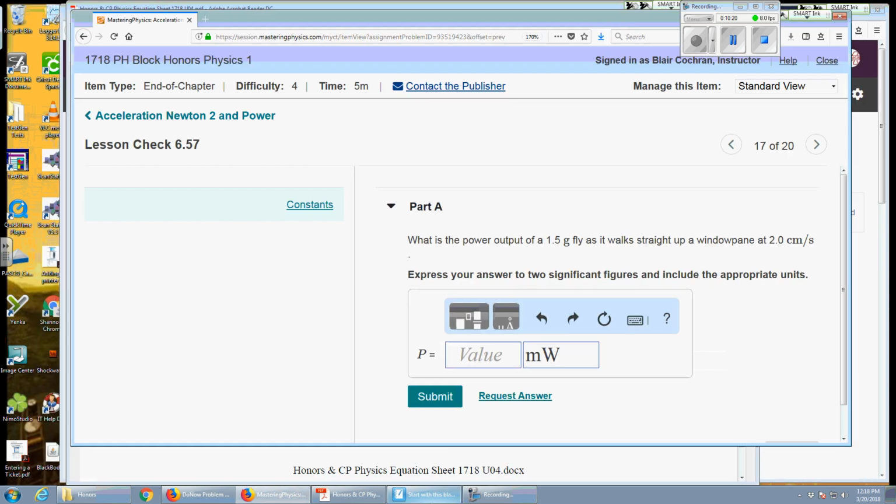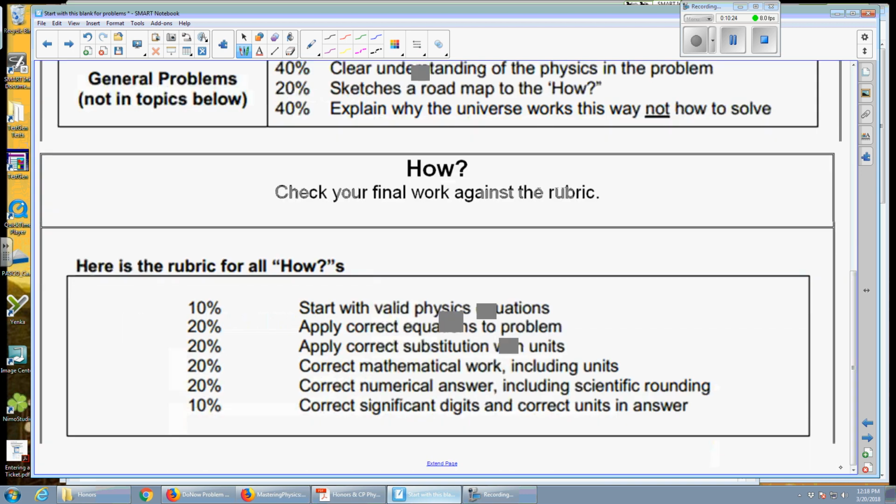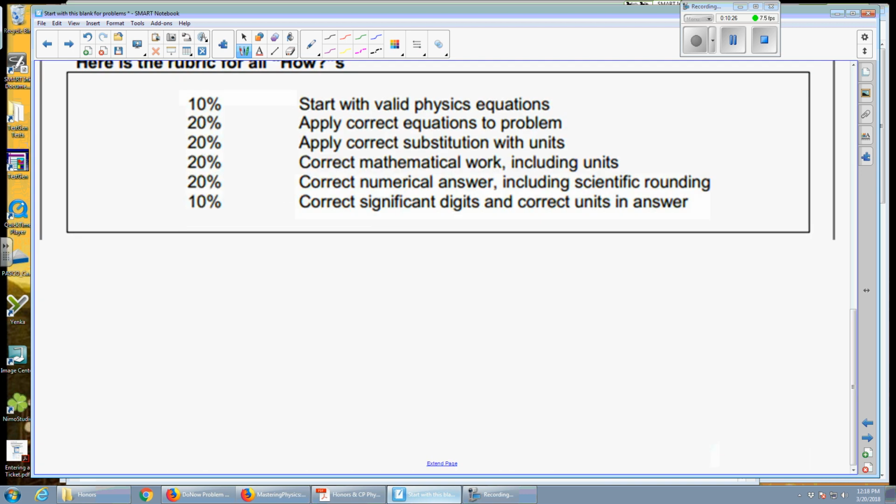So I'm actually going to put a little diagram to start off, just to make sure that I'm clear on this. So I have my happy little fly. The weight is going to be going downwards. The fly is going to be moving upwards, right?